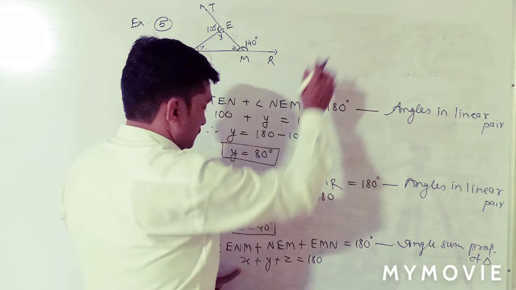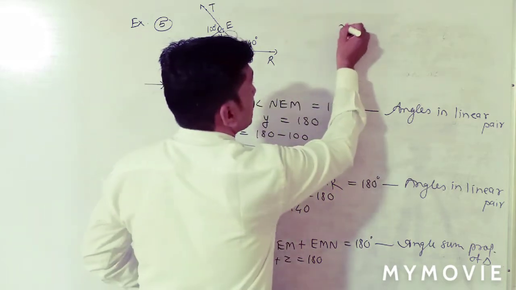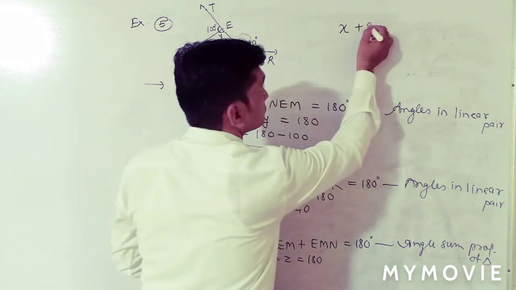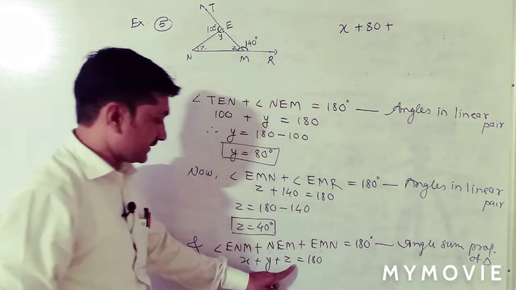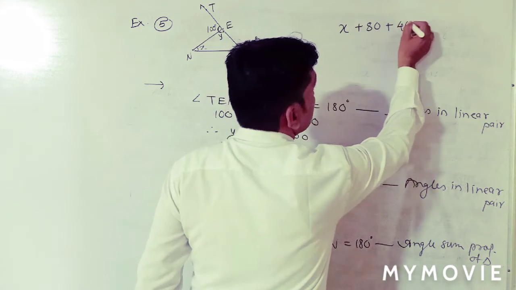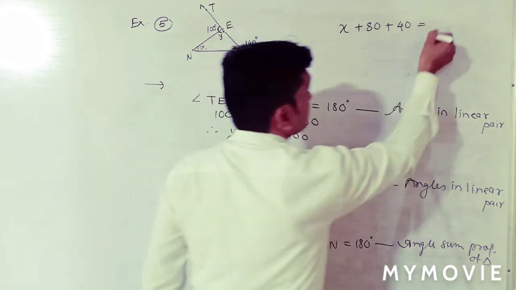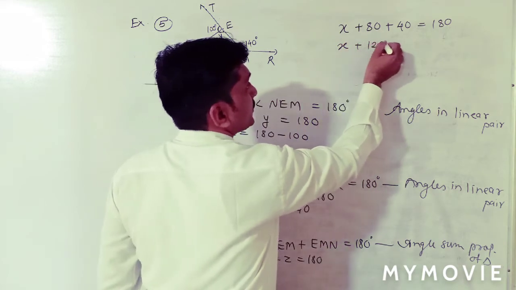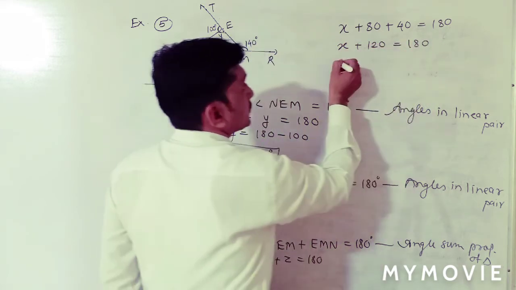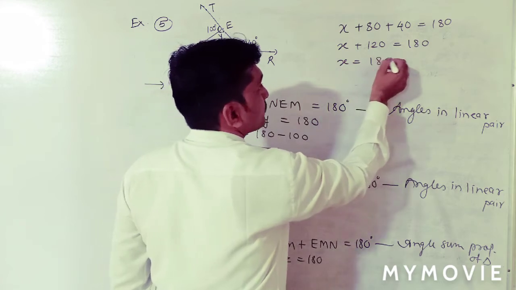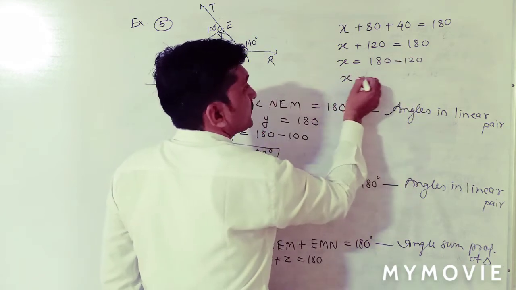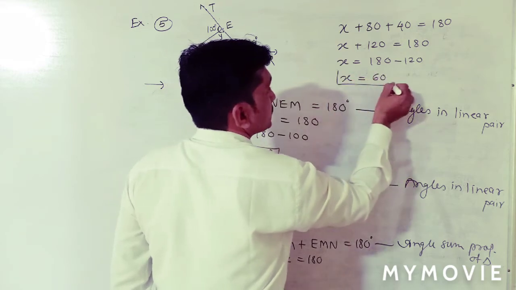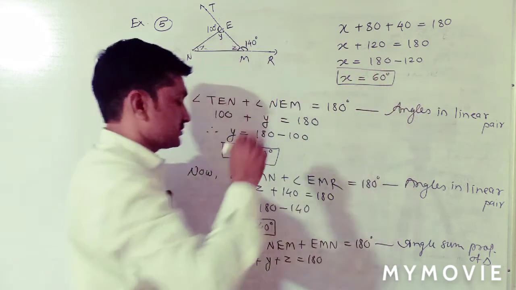Now we have to put values. Now here I continue. x we don't know. x is left to find. x plus y 80 plus z 40 is equal to 180. x plus 120 is equal to 180. x is equal to 180 minus 120, and we get the value of x here, that is 60 degrees.